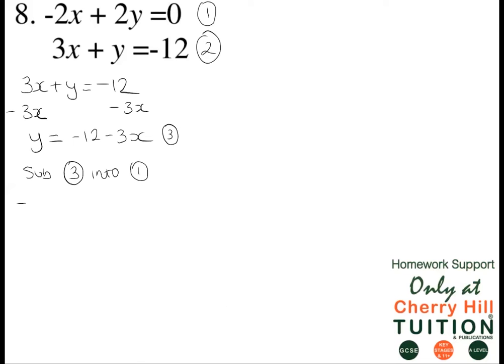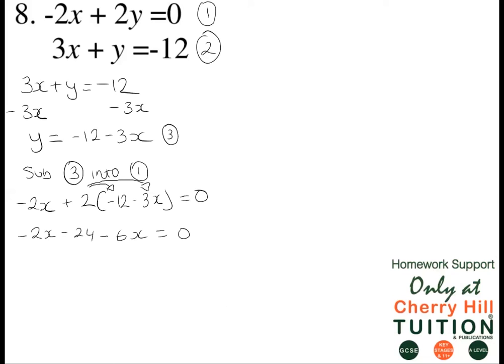So we have minus 2x plus 2 multiplied by y, which is minus 12 minus 3x, is equal to 0. And now we need to expand and simplify. So minus 2x plus 2 multiplied by minus 12, which is minus 24, plus 2 multiplied by minus 3x, which is minus 6x, is equal to 0.